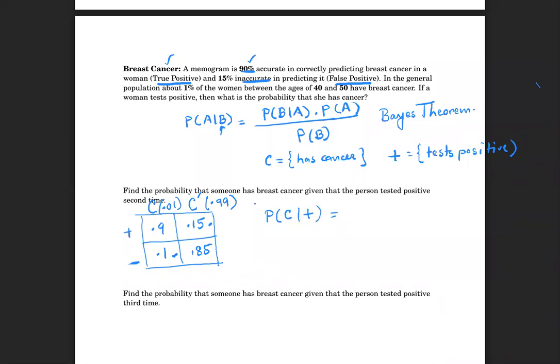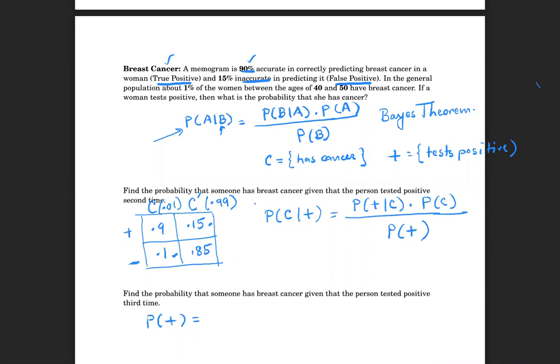Using this formula, we have probability of positive given cancer, times the probability of cancer, all divided by probability of testing positive. Now, probability of testing positive requires a little calculation. You can test positive when you have cancer, and you can test positive when you don't have cancer. These are mutually exclusive.